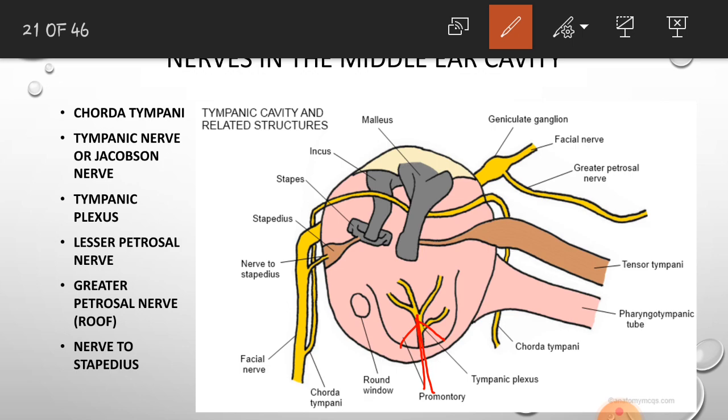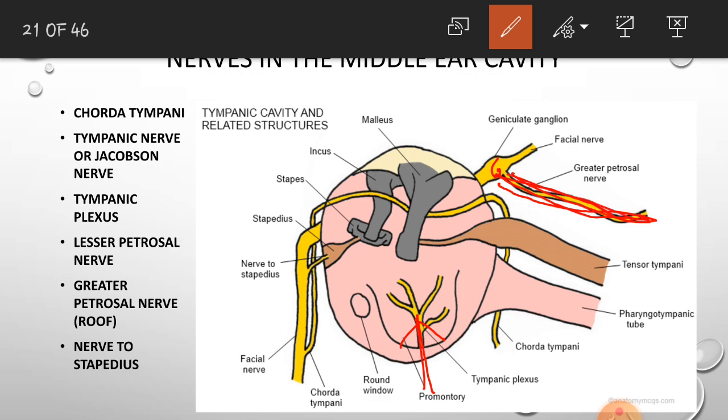Okay, here it is not shown, but from the tympanic plexus arises the lesser petrosal nerve. Okay, from the genu here arises the greater petrosal nerve. This does not lie within the cavity of the middle ear. It is in the roof of the middle ear cavity.